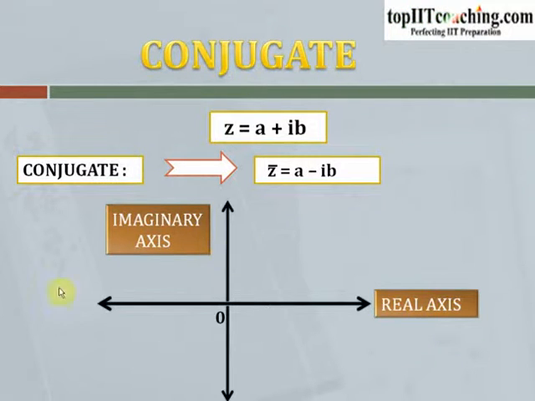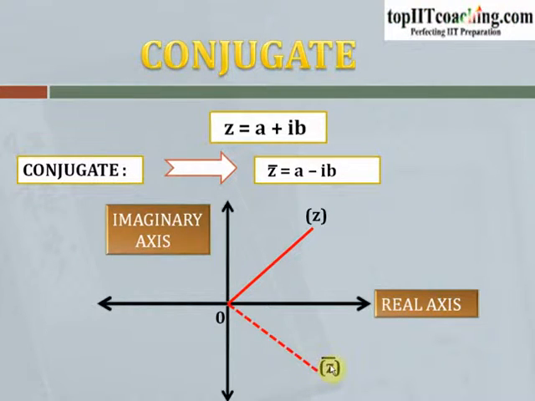Now let us say that we have an Argand plane in which this represents the real axis and this represents the imaginary axis. This is the origin. Now let us say that this is a complex number z. We have represented this complex number in the Argand plane. Now the conjugate of this complex number would be symmetrical about the real axis, or it would be the reflection of this complex number about this real axis.